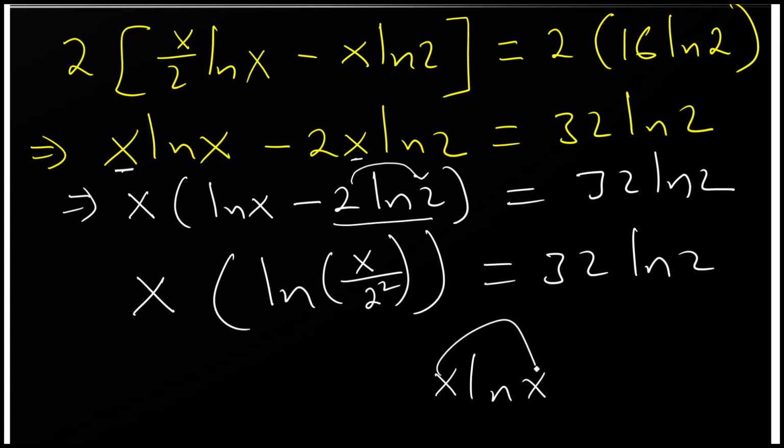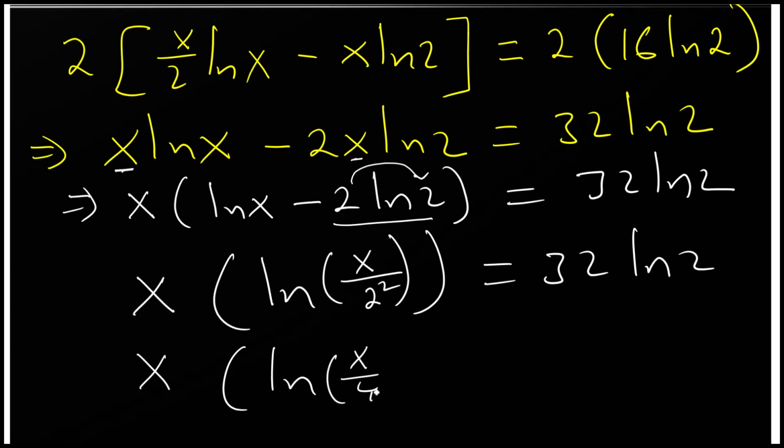So this one comes here, that will be ln of x to the power x. Okay. So we have x ln of x on 4 equals 32 ln of 2.